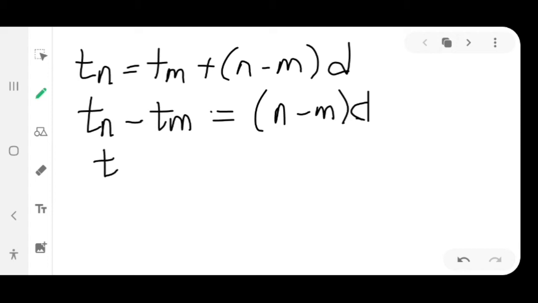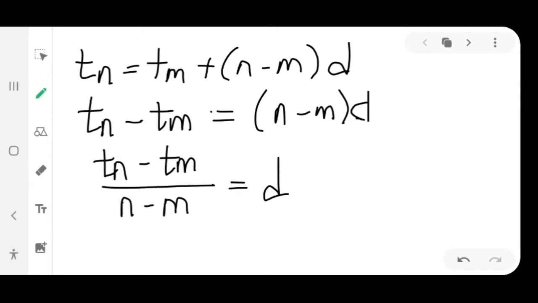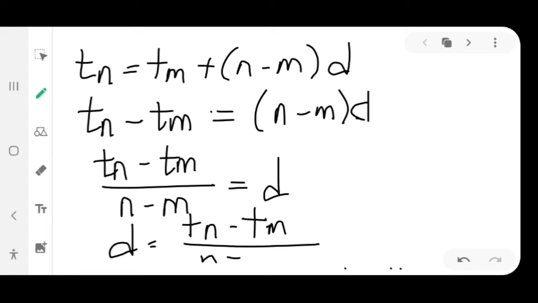So our equation would now be t sub n minus t sub m all over n minus m is equal to d, or d is equal to t sub n minus t sub m all over n minus m, or the common difference is equal to the upper extreme minus lower extreme divided by the position of the upper extreme minus the position of the lower extreme.